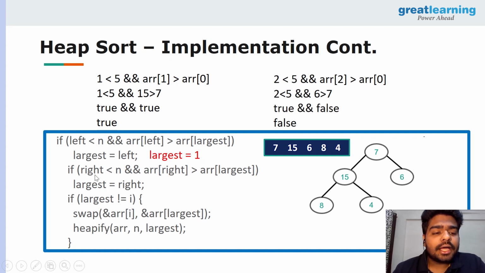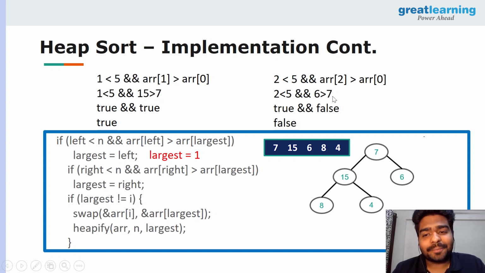Right value was 2, right? If you remember. So 2 less than 5. ARR 2 is what? 6. And ARR largest. Remember, now the largest value has got changed to 1. So we have to see ARR 1. What is ARR 1? ARR 1 is 15. So we have to write here 15. Okay, my bad.